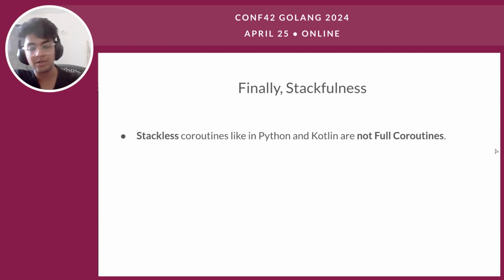With stackless coroutines like Python and Kotlin, they are not full coroutines, and the only way you can pass control is that only the topmost coroutine and the topmost subroutine can pass control between themselves, which limits what your coroutine can do.